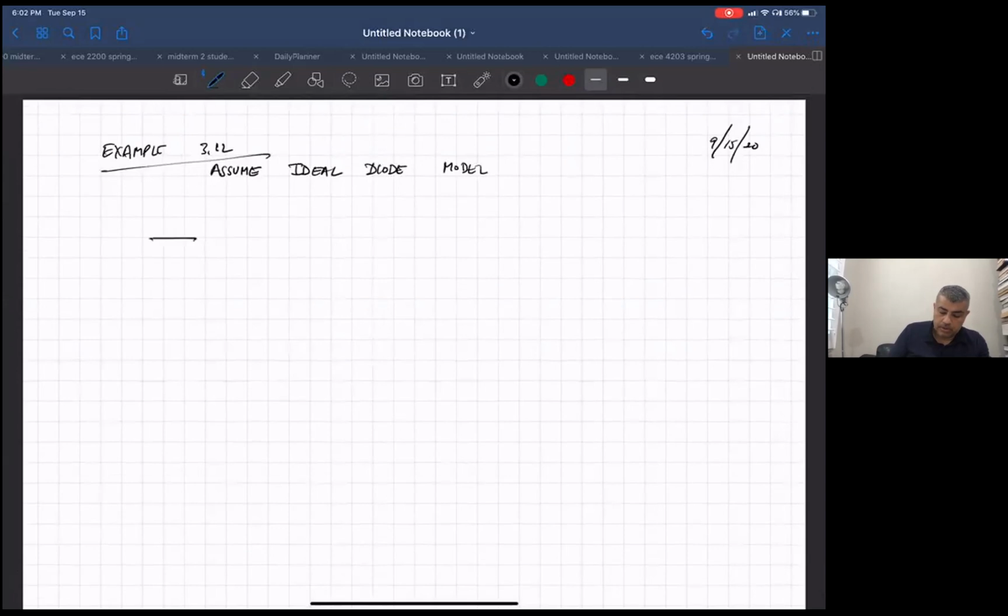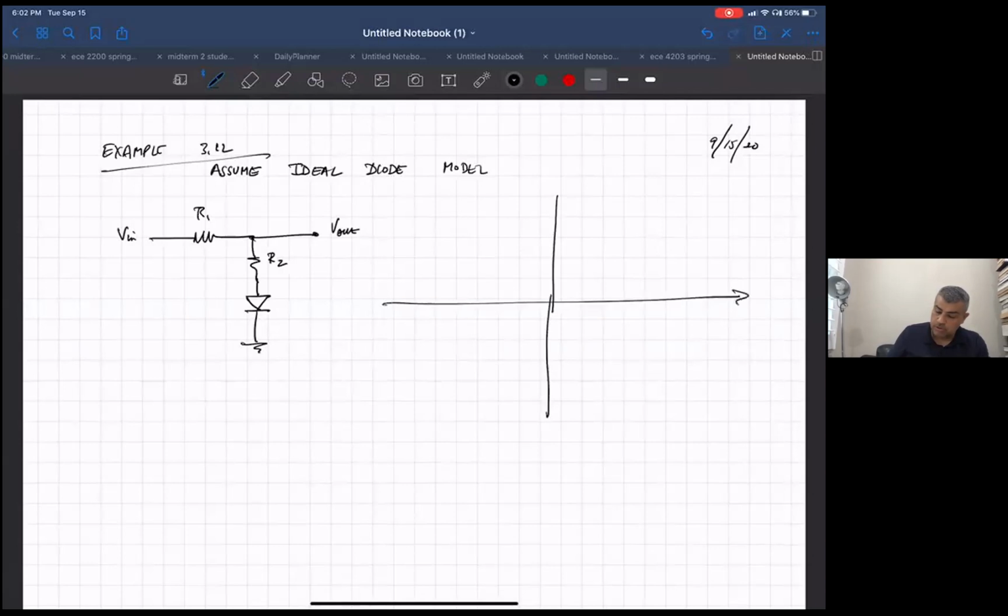And this is what the circuit looks like. We have a resistor R1, R2, and then we have a diode. And we've been asked to look at the voltage in versus voltage out graph. So a couple of comments here.